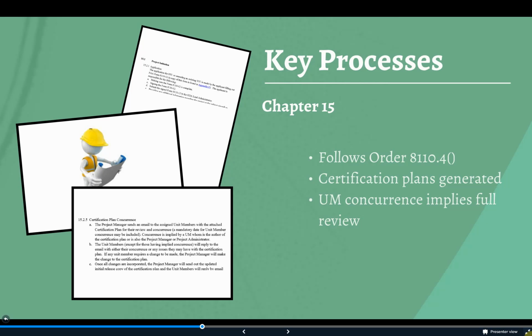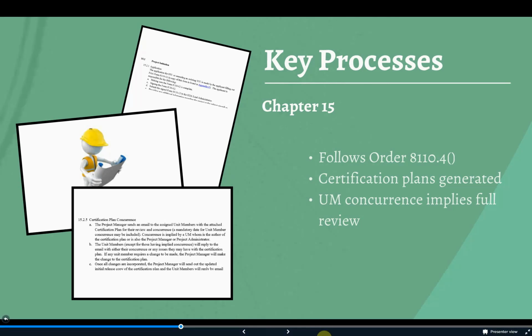Once the project is accepted by the FAA, the plan is followed as presented and concurred to by the assigned unit members. Concurrence by unit member can be made via an email response. When concurrence is received, the implication is that the person has reviewed the compliance checklist, compliance methodologies proposed, and the scope of the project, and believes that what has been planned is what is needed to reach a safe, compliant approval for the modification.